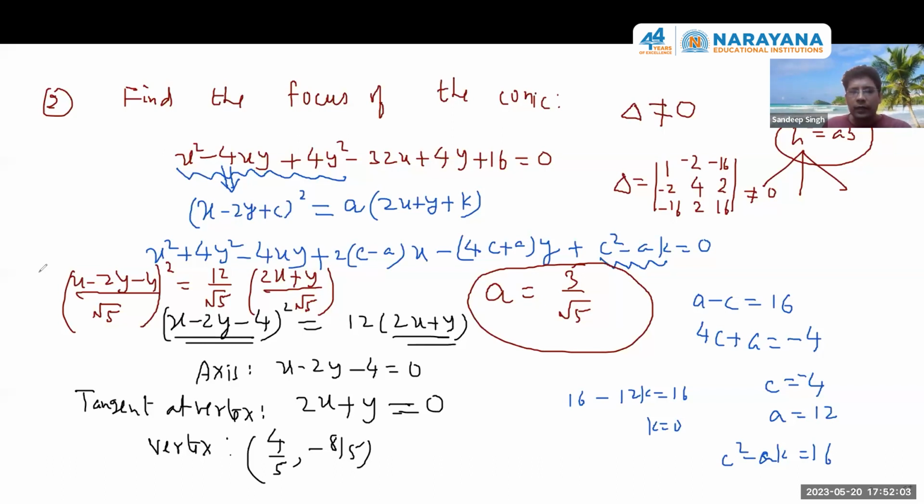Directrix is parallel to the tangent at the vertex. So what is the tangent at the vertex? 2x plus y. So you can take 2x plus y equal to c, and then this is at a distance of a units from the vertex. So what is this distance? This is going to be c by root 5, and this is equal to a. So this distance I shall keep plus minus.